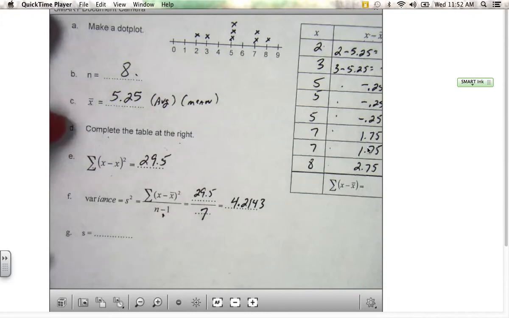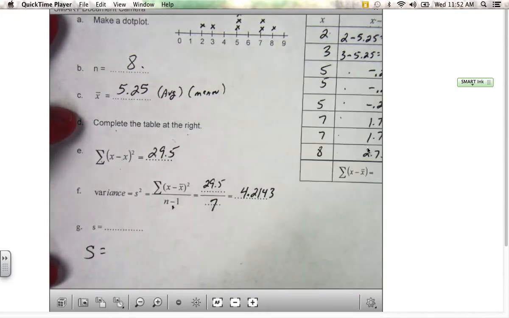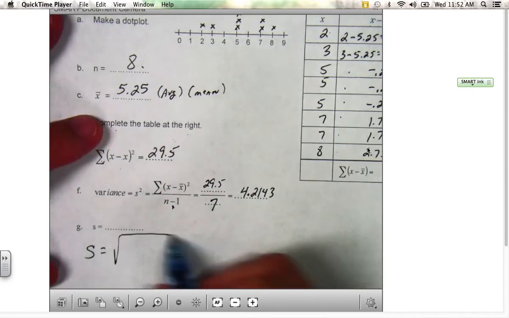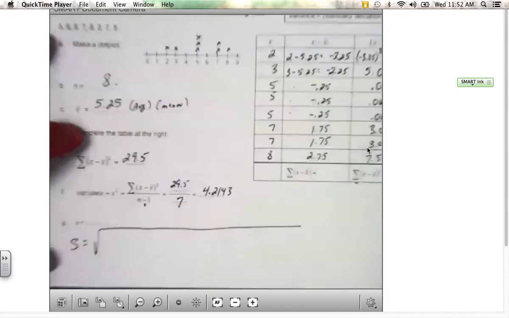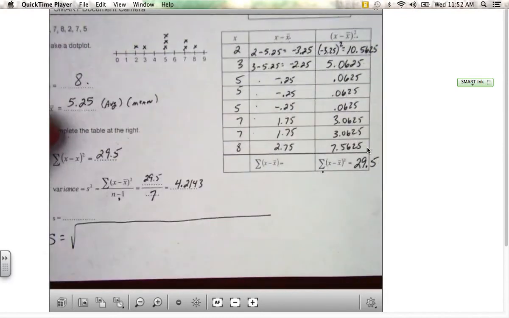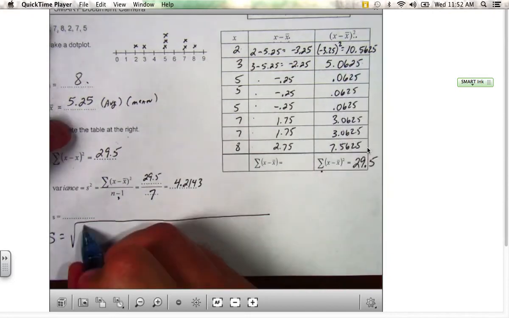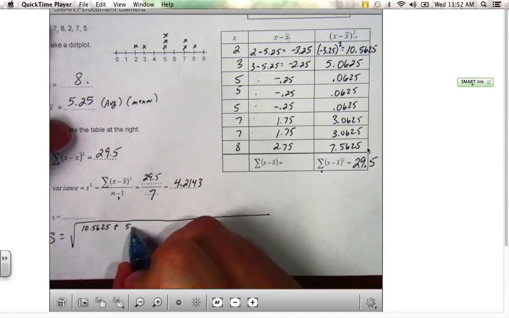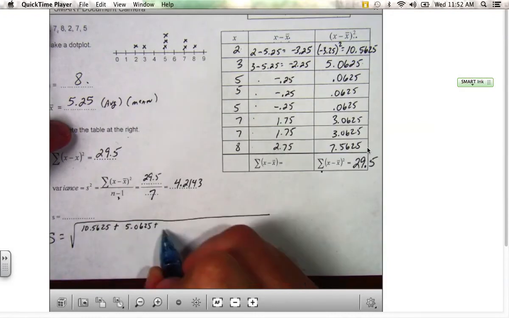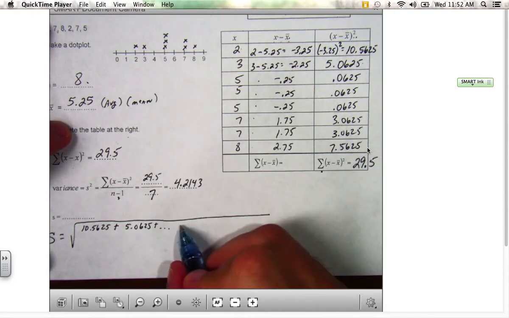Now, to figure out standard deviation, the long way of doing it is to take the square root of 10.5625 plus 5.0625 plus and so on, all the way down to 7.5625.